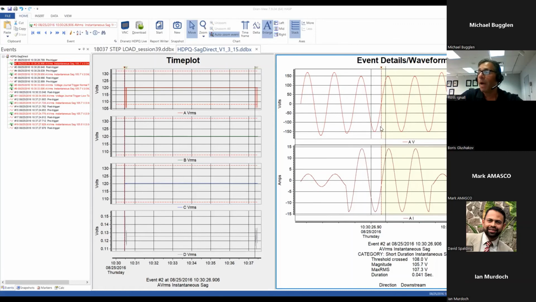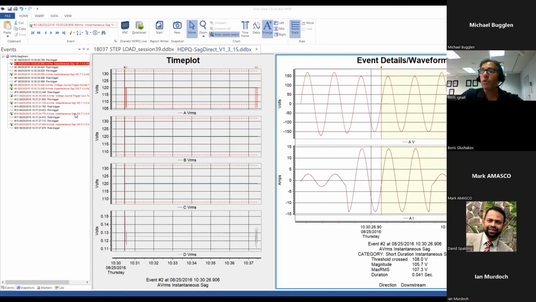Basically, it's a geek in the box that interprets this information for you and puts in the database, which you would also see on the instrument, its directivity assessment. So this is saying a short duration instantaneous sag, which you'll get with all the meters, but the Guide and Explorer meters will tell you it's downstream in this case. It'll do this analysis for you.